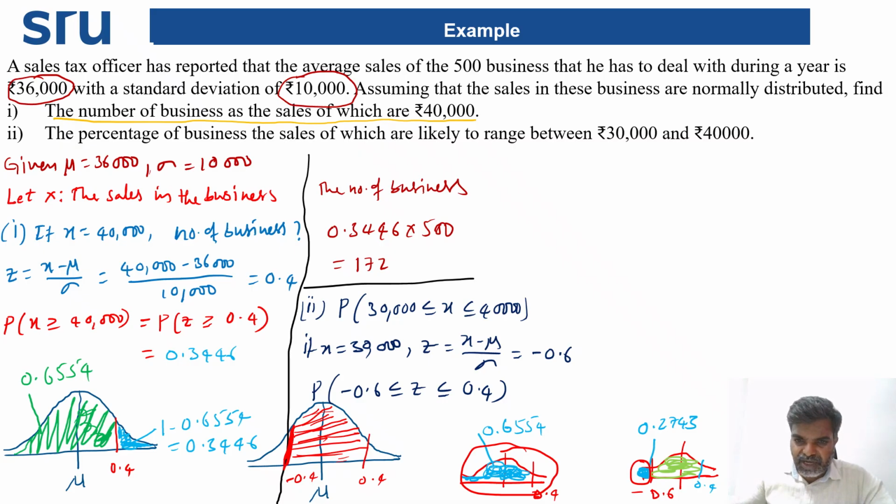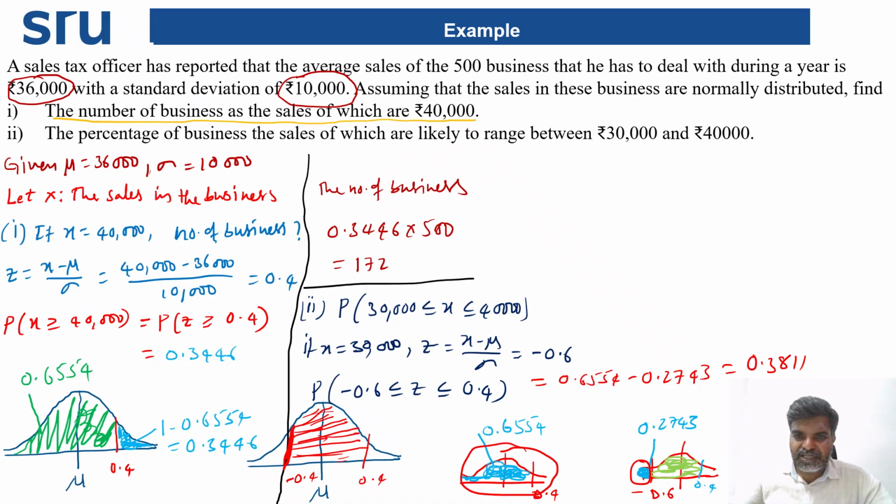So this is equal to, I can write down here, 0.6554 minus 0.2743. This is exactly equal to 0.3811. Now look at the question. What is the question here? You have to find the percentage of business in this range.